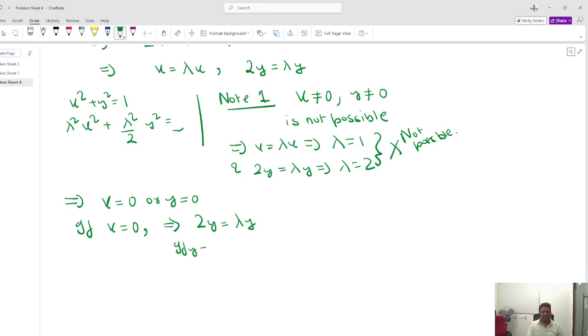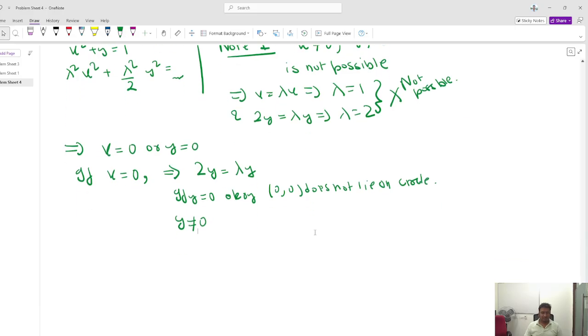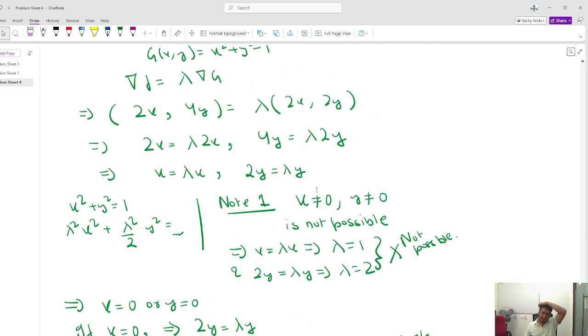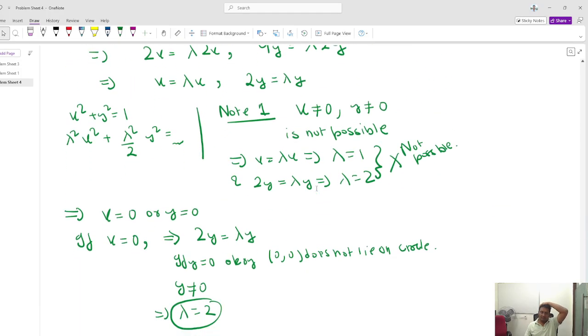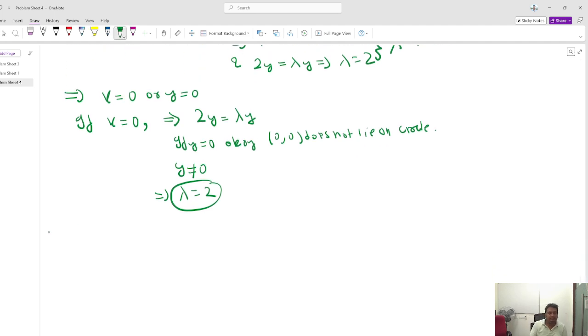So if y is 0, okay, (0, 0) does not lie on the circle. So if it doesn't lie on the circle, y has to be non-zero, right? So in this case, lambda is 2. Oh, well. So lambda is 2, right? And if y is 0, in that case, similarly, you will get lambda has to be 1.